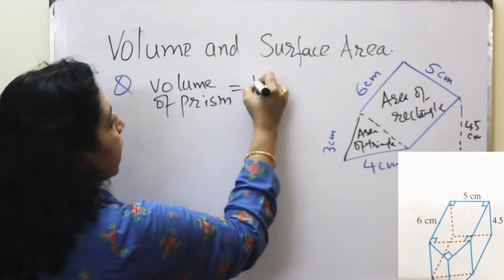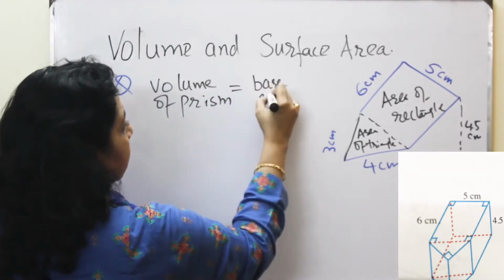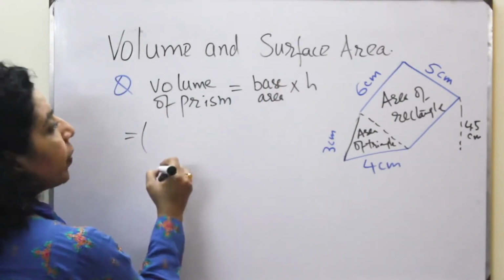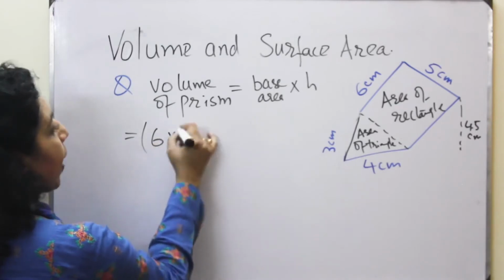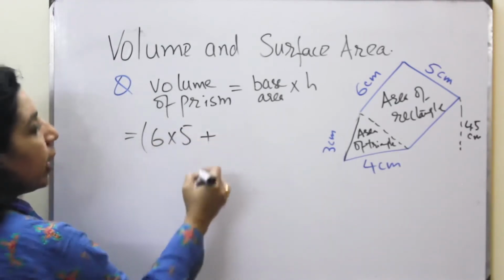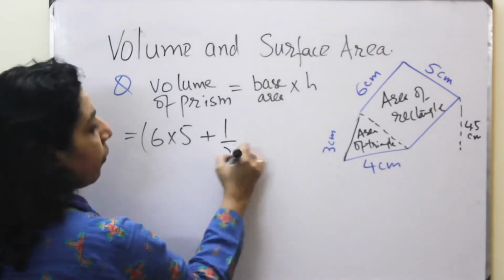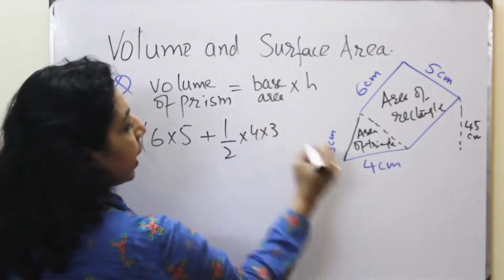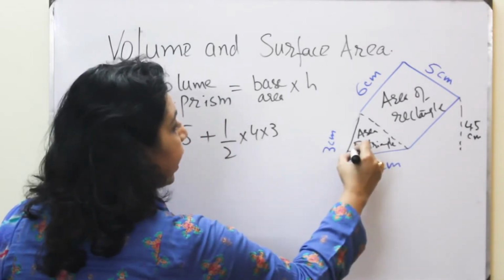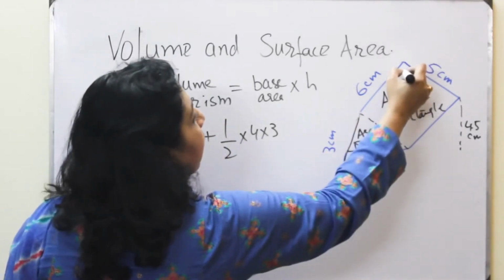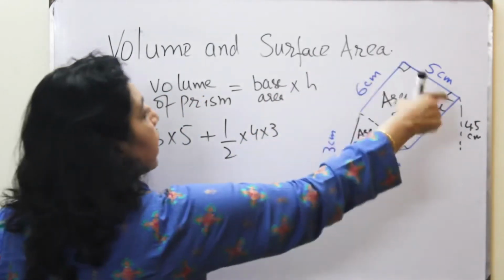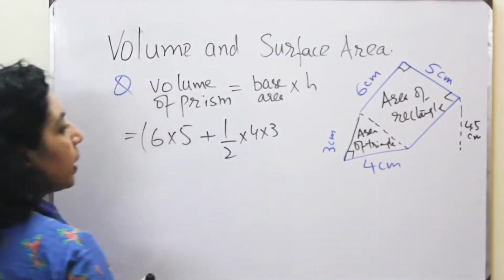So when we have to find the volume of prism, this is base area into height. So when we have to find base area, we shall find the area of the rectangle, that is 6 cross 5, base into height, or L cross B, along with the area of the triangle, half into 4 into 3. This is the base and height of the triangle. We have 90 degree angle here of the triangle, and here we also have the 90 degree angle, which is showing us that this side is perpendicular to this side.